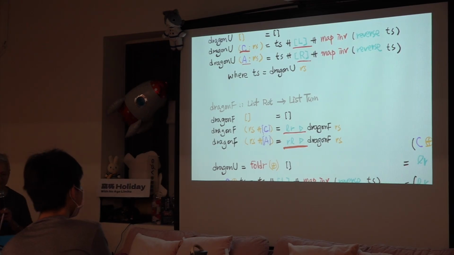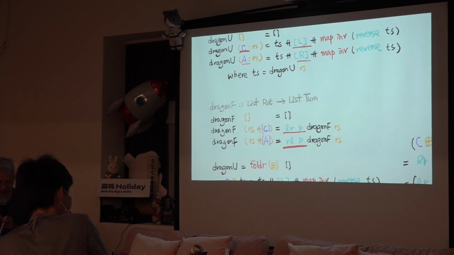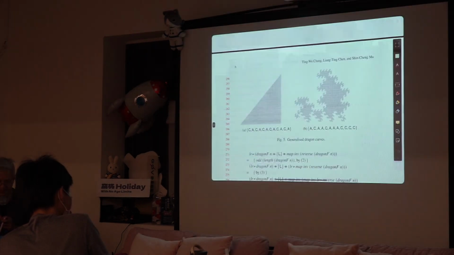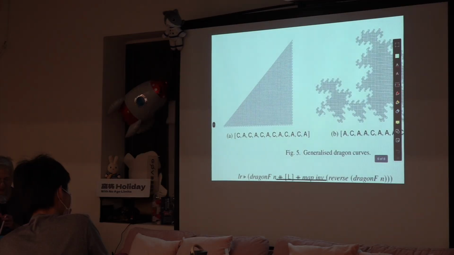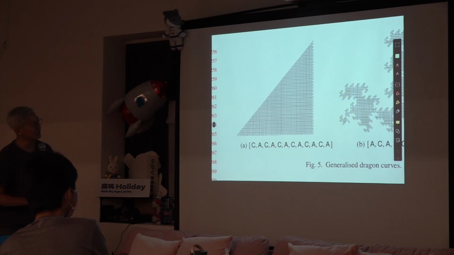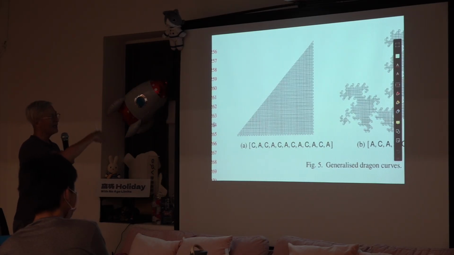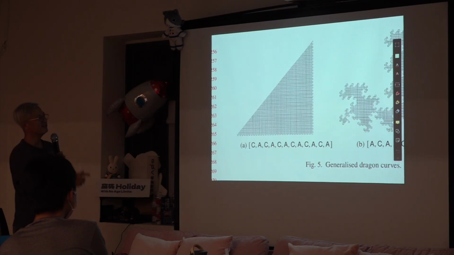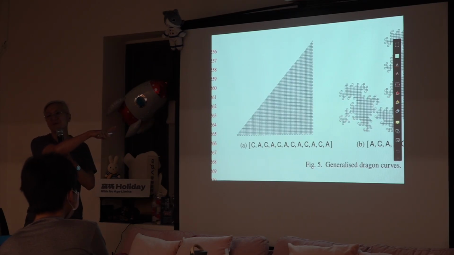This generalization, I'm going to show you some examples. This is probably from an early paper of Toulouse. If you do clockwise, anti-clockwise, clockwise, anti-clockwise alternately, you get a triangle like this.